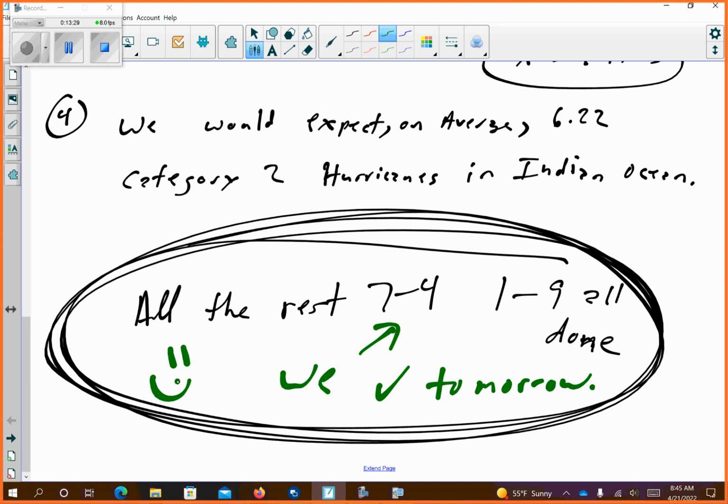What does having a big chi-square mean? Which one are you looking at? Isn't that 9B? Big chi-square.